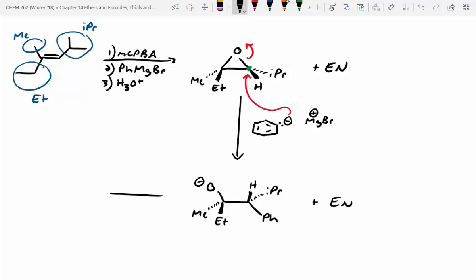All right. Last but not least, I said we would have aqueous acid, which is really just a source of protons. So I'll just write plus H+. We know this oxygen is going to steal a proton, and we'll end up with our neutral molecule, where the phenyl group is anti to the alcohol.